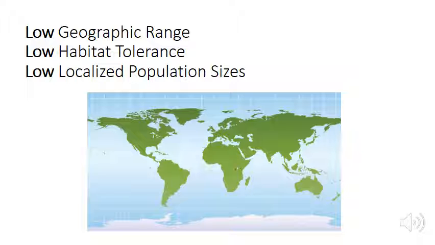And within those regions, it has low habitat tolerance. It requires pristine tropical forests that occur in lower and lower areas as a result of deforestation and habitat loss. And even in those habitats where they do exist, they exist at very low localized population sizes. That's because they're huge animals.